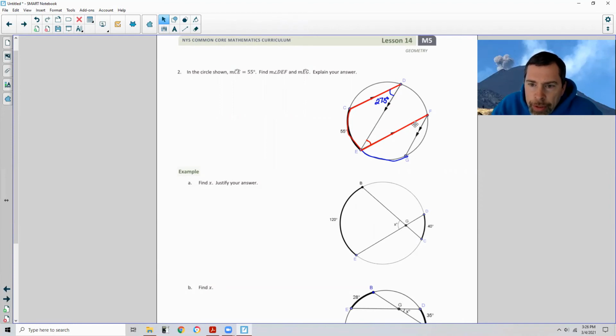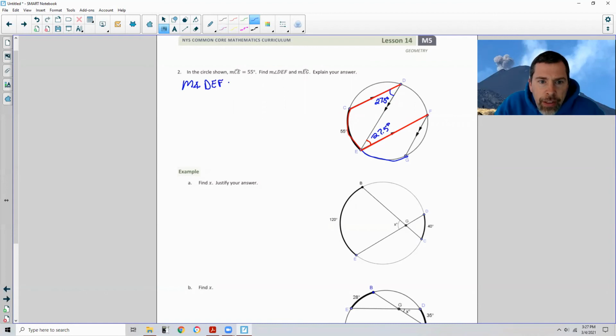So we have two parallel lines cut by a transversal, and hopefully you remember from that part of our course, alternate interior angles are congruent. So the measure of angle DEF is 27.5 degrees. So there's our first answer. The measure of angle DEF equals 27.5 degrees.